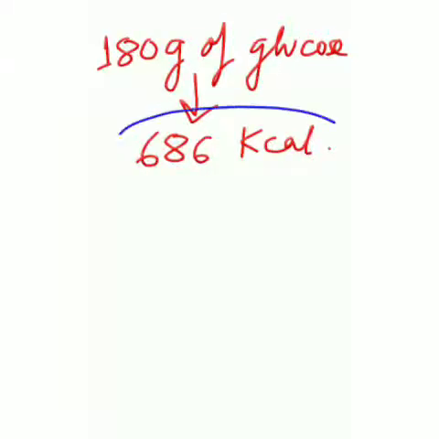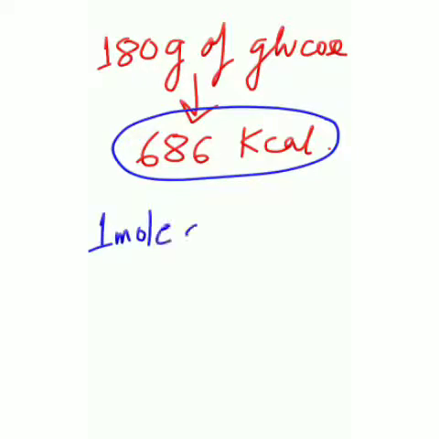Let me show you the calculation here. Suppose a person is taking 180 gram of glucose, okay, which release energy that is 686 kilocalories. So this is the total energy. Now 1 mole of ATP requires 7 kilocalorie energy.